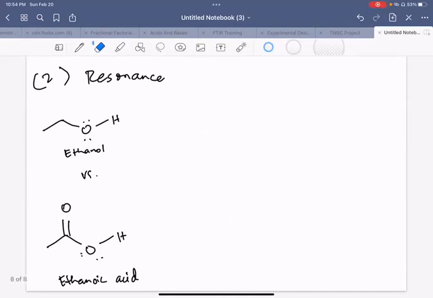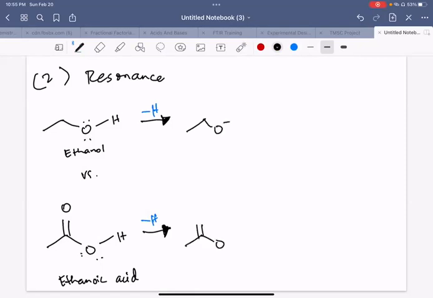So the ethanol, is there any resonance going on for ethanol? No, because the first thing again, we need to convert them into their conjugate bases. So this is the ethoxide, this is the acetate.